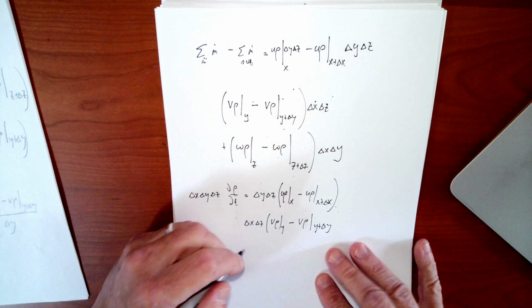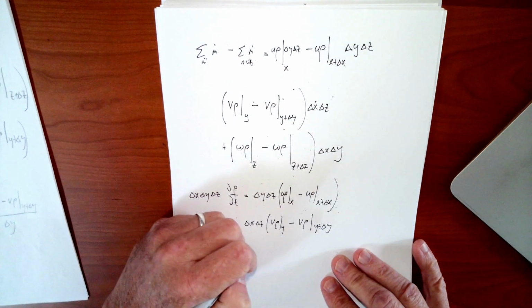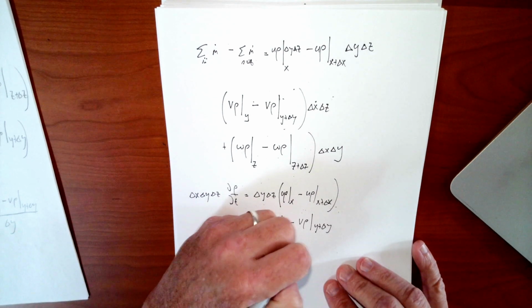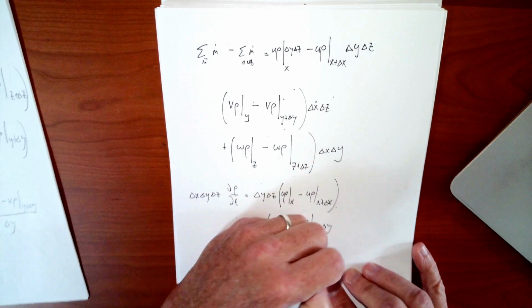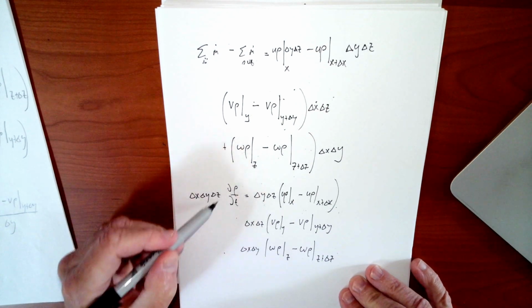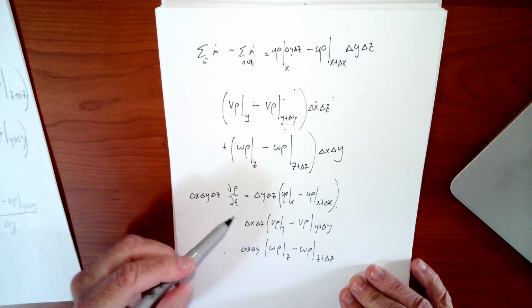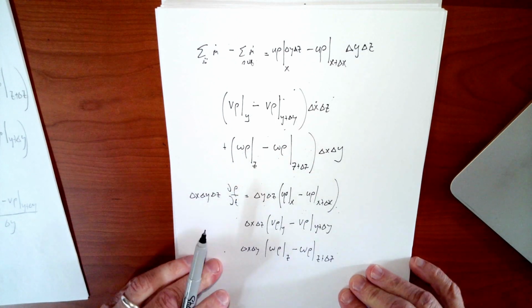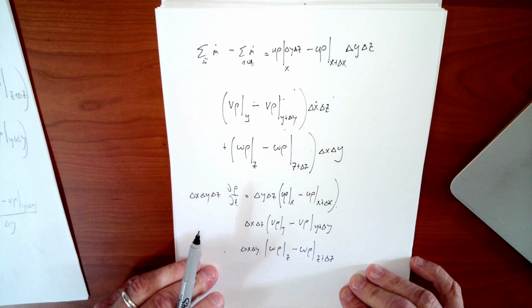And finally, I have delta x delta y times w rho at z minus w rho at z plus delta z. So I've got my total mass change on the left equal to the mass being brought in or out of each of the 6 faces of the box.